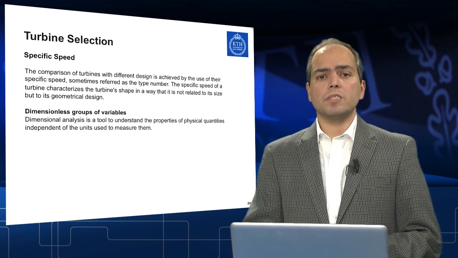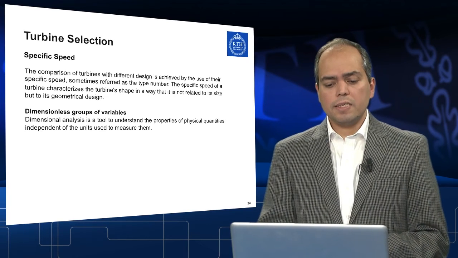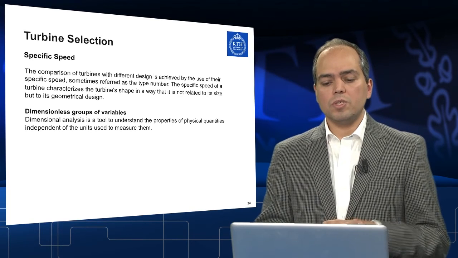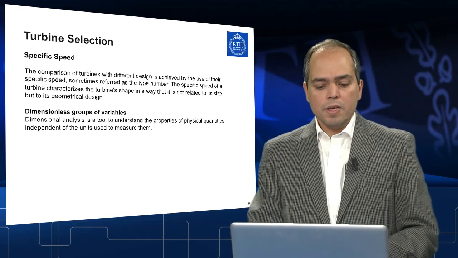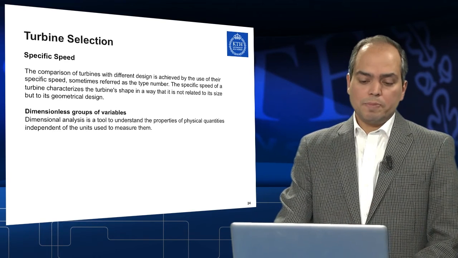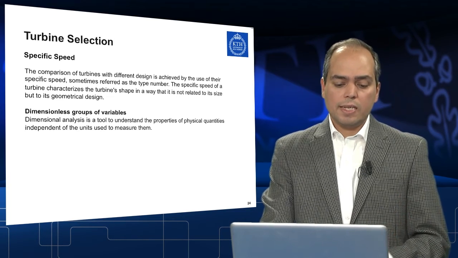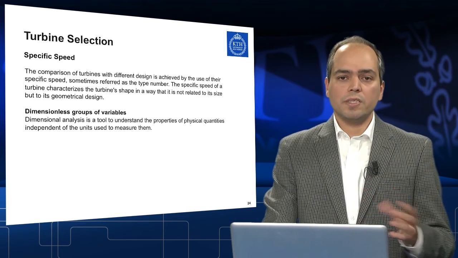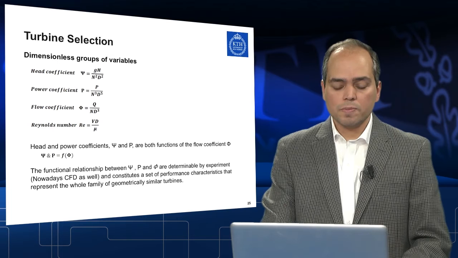It's also very important to talk about the specific speed of the turbine, and this is a comparison of different turbines without looking at their size, but rather looking at their geometry. So in order to define a specific speed, we should define dimensionless groups of variables, and this dimensionless analysis enables us to compare different turbines without looking at their real sizes.